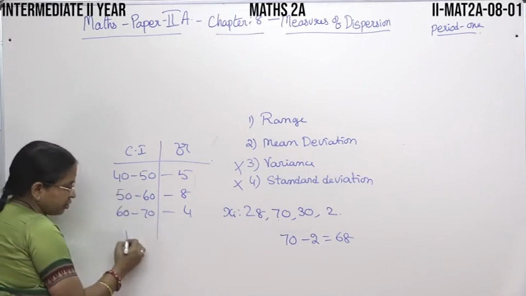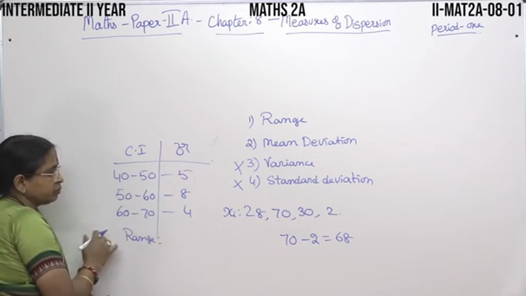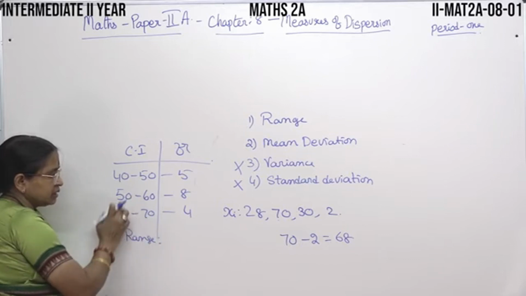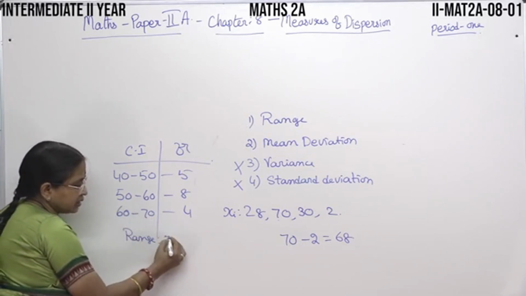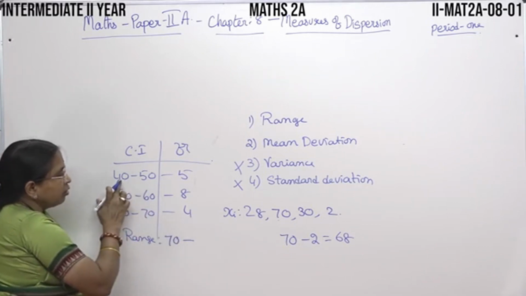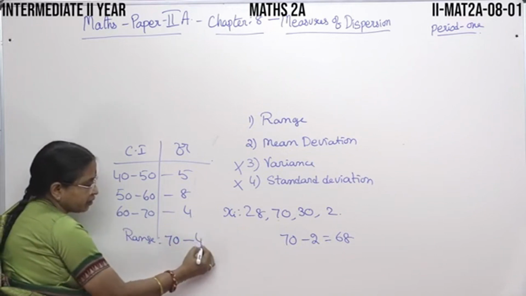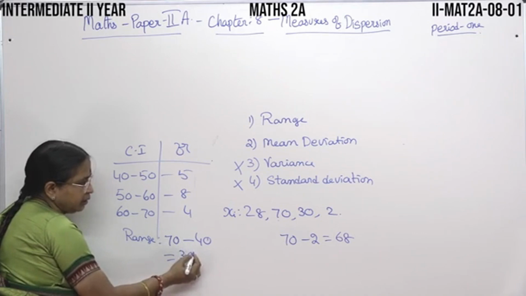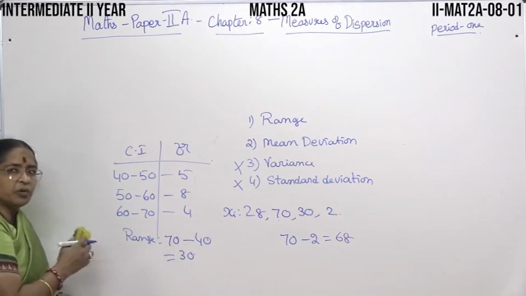Then the range of this frequency distribution table is the upper limit of the largest class minus the lower limit of the smallest class. The upper limit of the largest class is 70, and the lower limit of the smallest class is 40. So 70 minus 40 is 30. Like this we find the range for grouped data.